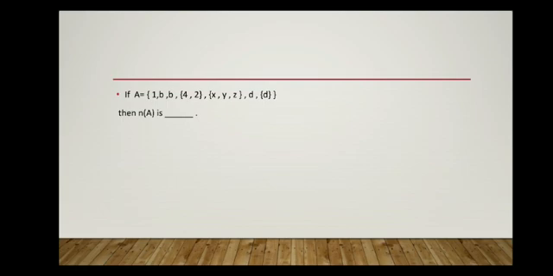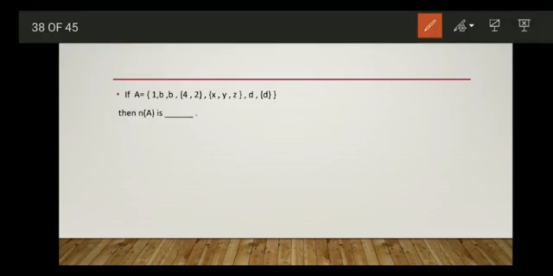If A is equal to {1, b, b, {4, 2}, {x, y, z}, d, {d}}, so we have a set like this, then to find n of A we have to find the number of elements in this set. We know that while writing a set, we should not repeat the elements. But here b is repeated. So we should rewrite this set.